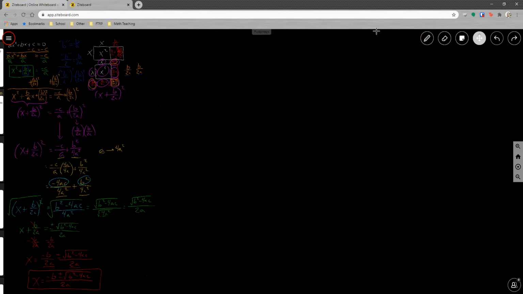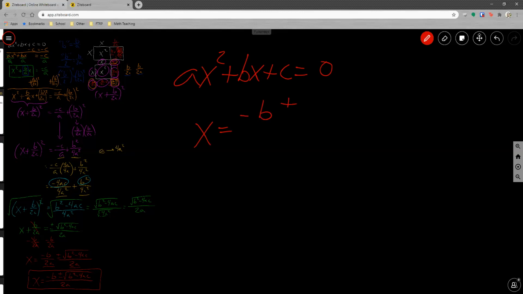So we changed from ax squared plus bx plus c equals 0. We solved for x, and we found that x is equal to negative b plus or minus the square root of b squared minus 4ac all over 2a.